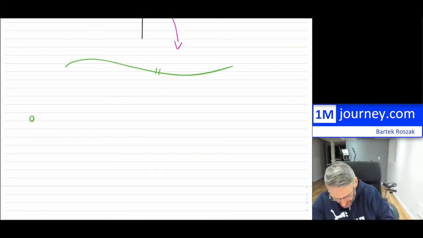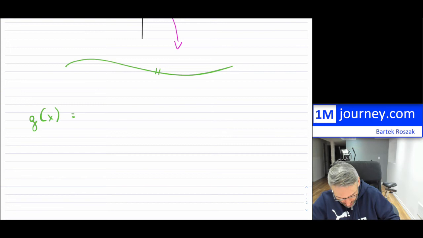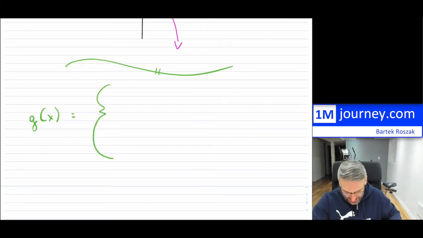So let's say g of x, all right? And now g of x is going to be made up of pieces put together, all right? So g of x is going to be equal to, and it's going to span out several. So you might typically see it written like this.